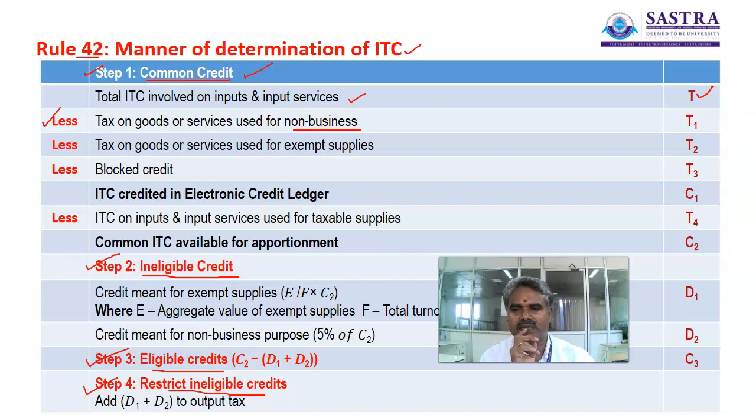Then tax on goods or services used for exempt supply. So how much you paid on goods or services for exempt supply? How much you paid for non-business? This is T1.